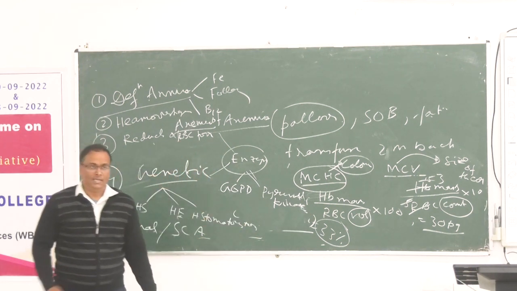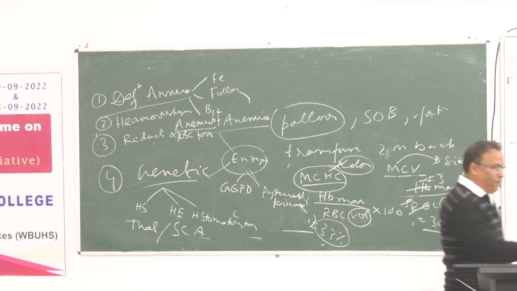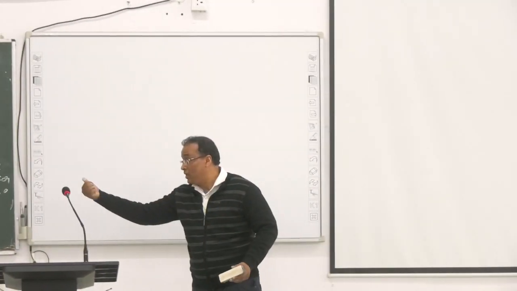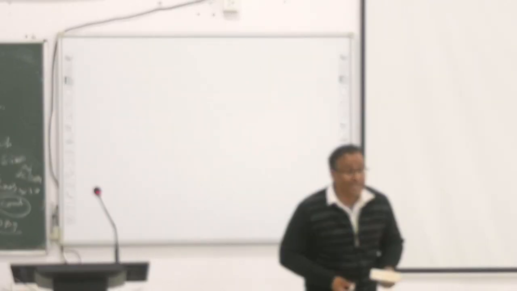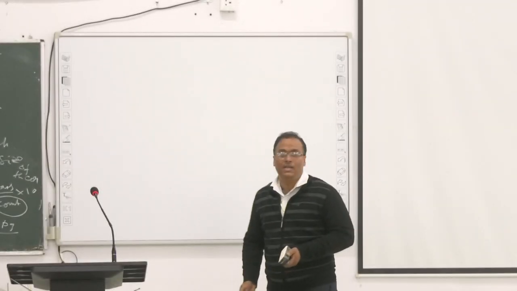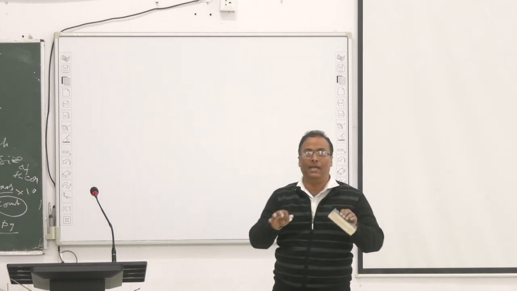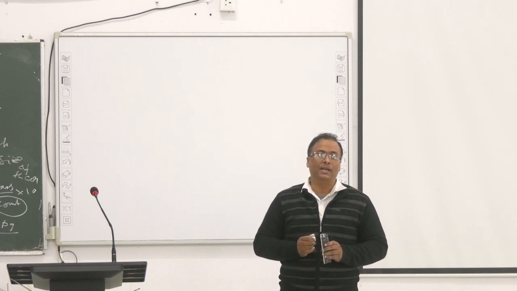One example is, suppose you are dealing with malaria. Malaria prophylactic treatment, primaquine, is given by seeing the report of glucose 6-phosphate dehydrogenase, specifically in males, because glucose 6-phosphate dehydrogenase enzyme deficiency is mainly seen in males, not in females.